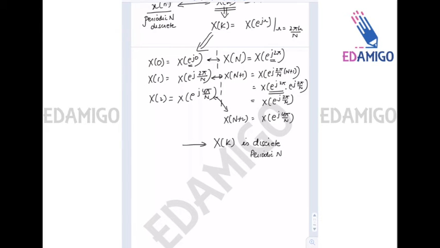Also, the time domain signal which this X[k] corresponds to is x̂[n], where x̂[n] is also discrete and periodic with period capital N. So this is the whole conclusion that is very, very important.